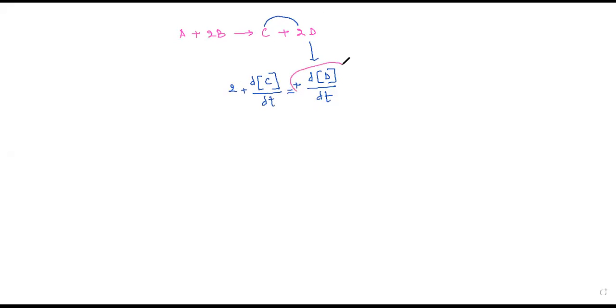Say this is the rate of appearance of D. It is equal to 2 times the rate of appearance of C, isn't it?